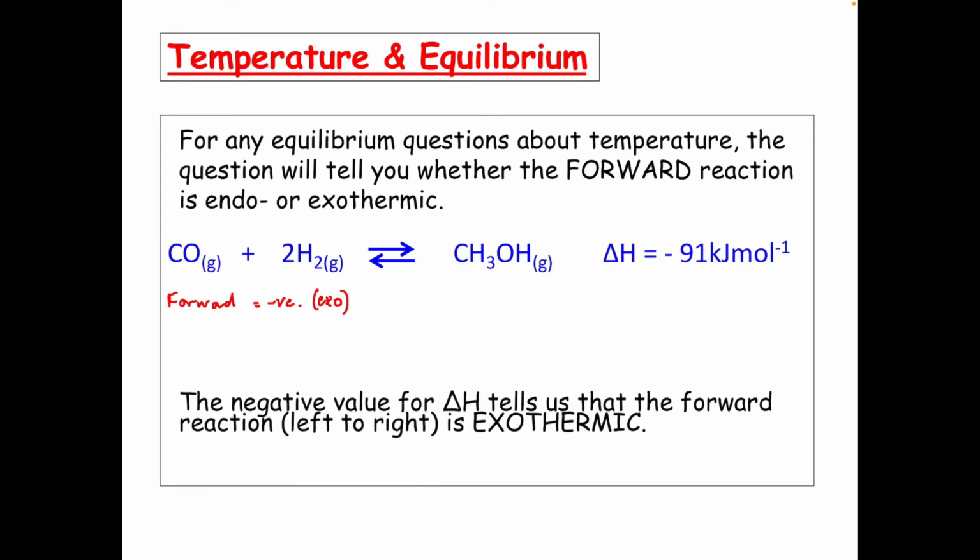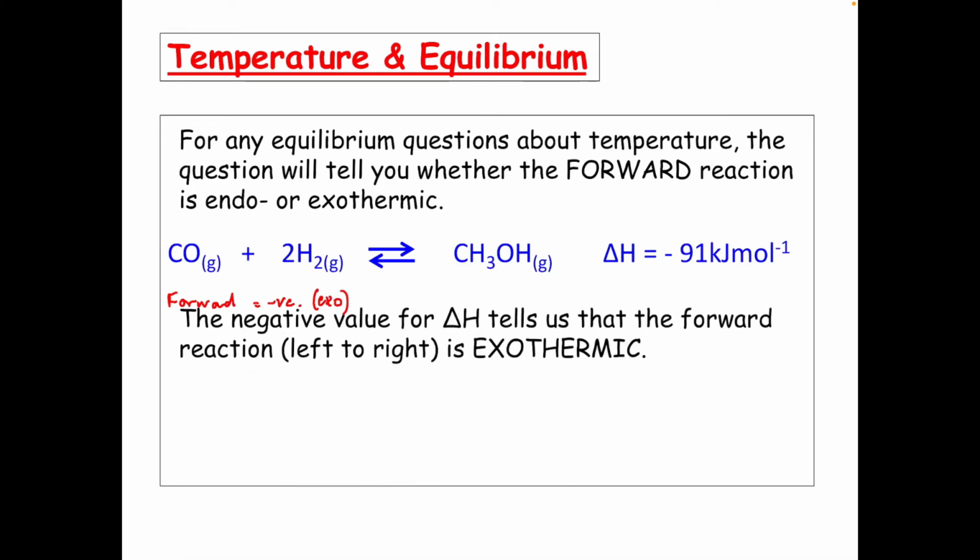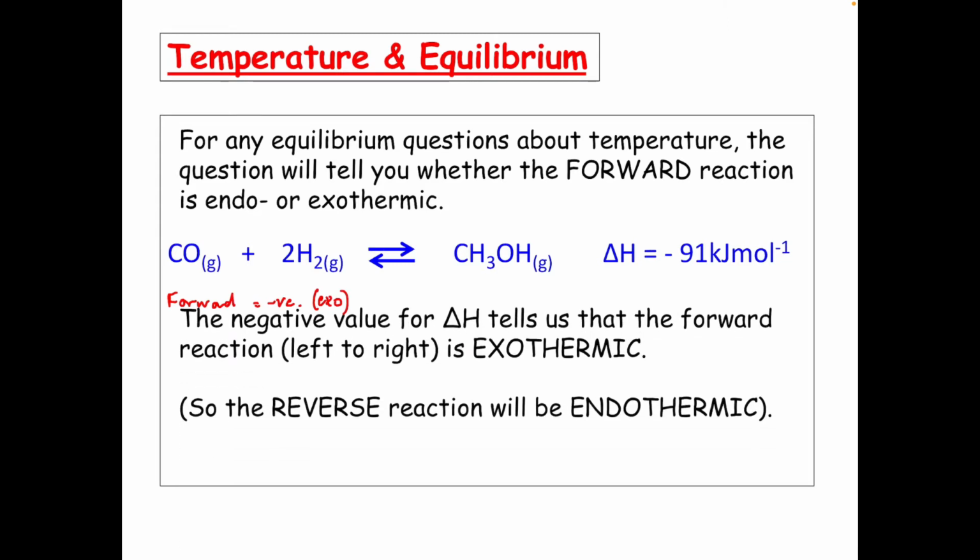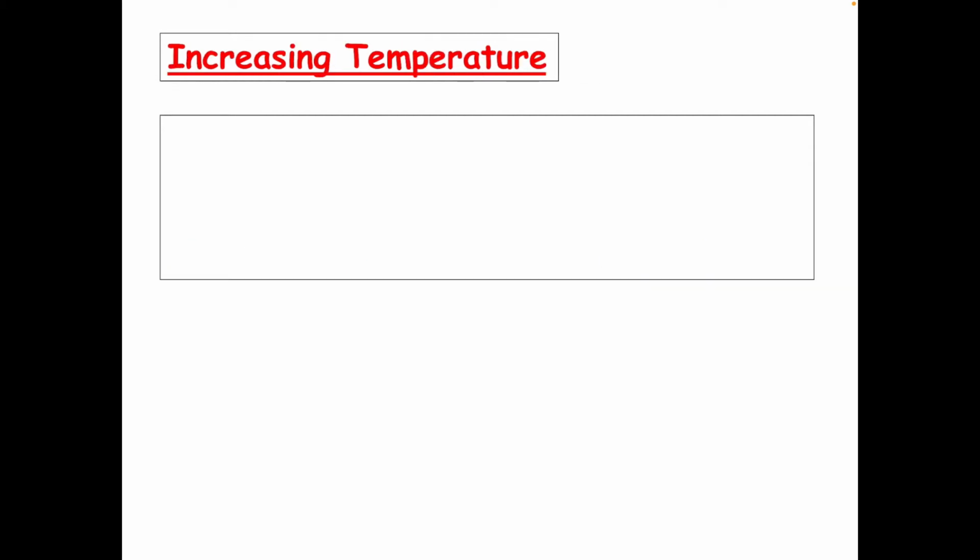That also means that the reverse must be the other way. So the reverse is endothermic, because if you wrote that the other way, then you'd have to change the sign. So it would be endothermic, it would be plus.